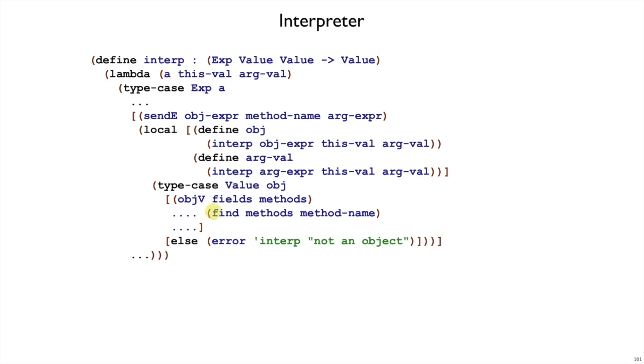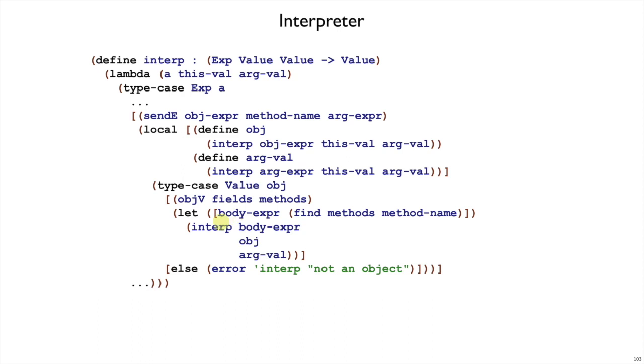So we want to start interpreting this body expression, but instead of passing along this val and arg val, as we interp that body expression, we pass along the object that is the target of the method call. And we also pass along arg val, the one that we computed, not the one that was given. The value of the argument expression becomes the arg val for the body expression. If we didn't get an object, then we complain, and that's all of method sending.